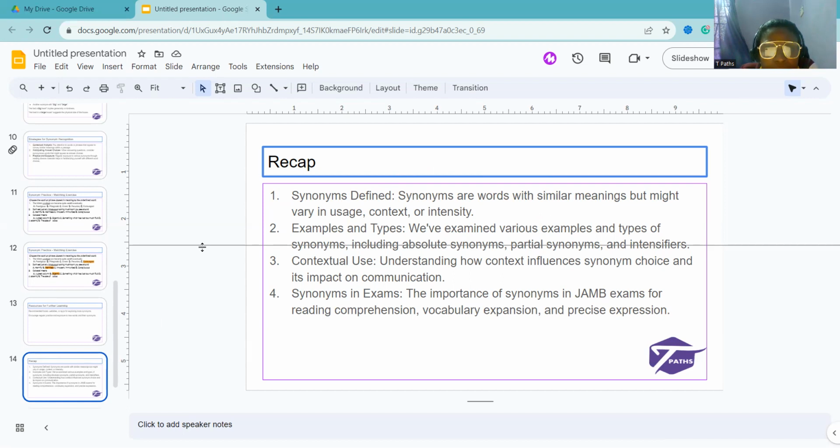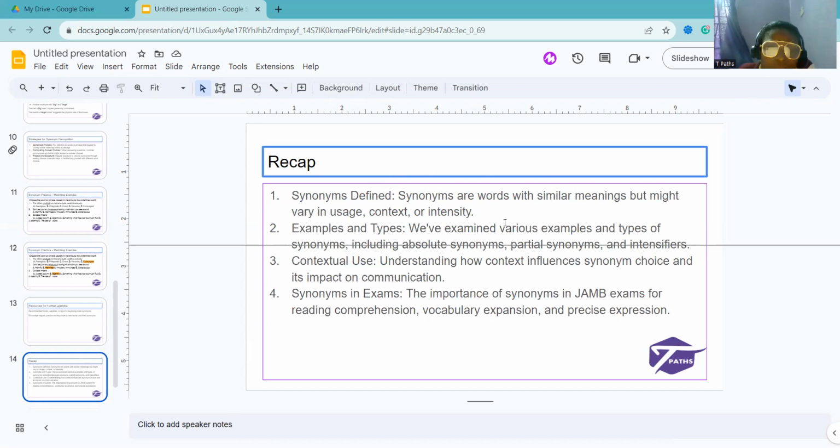So let's do a quick recap of what we've done today. In today's lesson, we learned the definition of synonyms. Synonyms are words with similar meaning but might vary in usage, context, and intensity. Intensity is just like degree, like I said earlier.